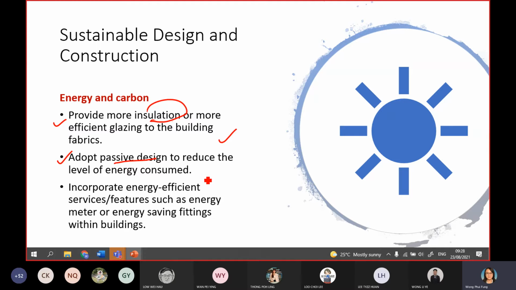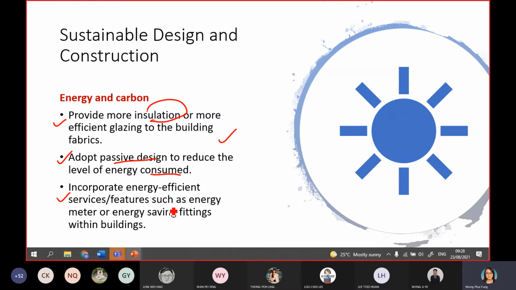So when we feel comfortable, we will minimize the energy use. If you allow more natural sunlight, you don't need to turn on the artificial light. If you feel comfortable, you won't feel hot or cold, then you won't turn on the aircon. You don't even need to turn on the fan. So that's why passive design is very important from the designer in order to reduce the energy consumption that comes from artificial light and aircon.